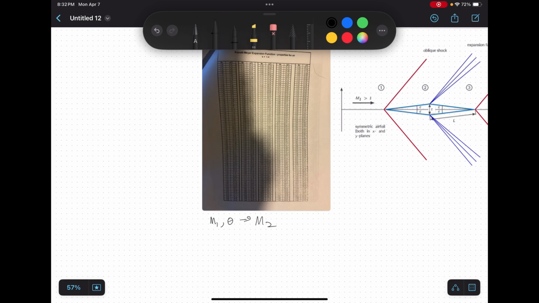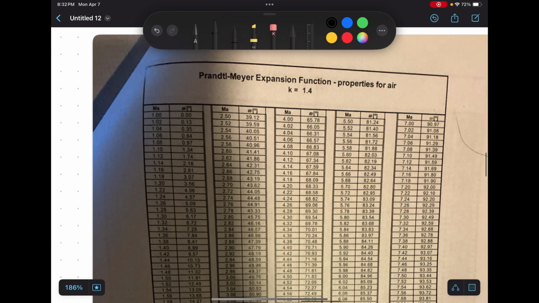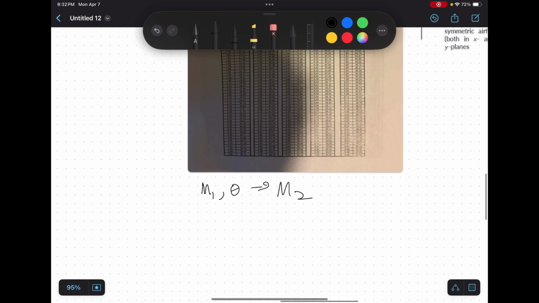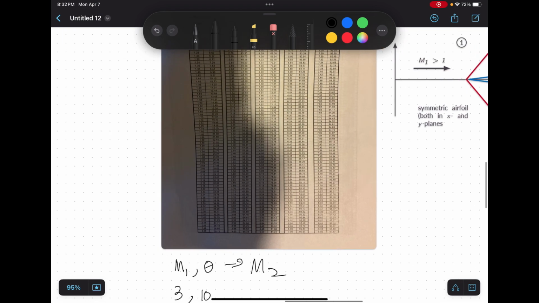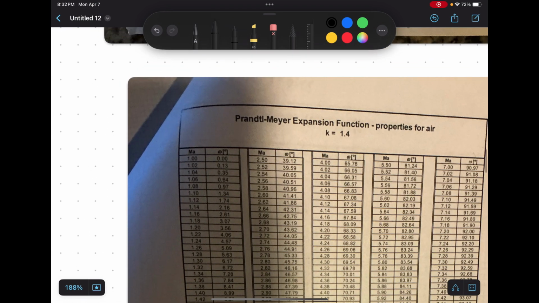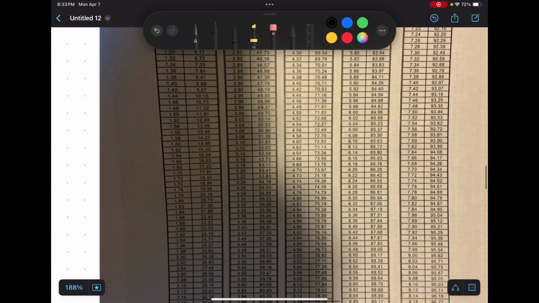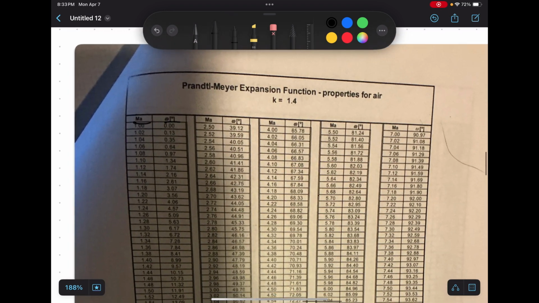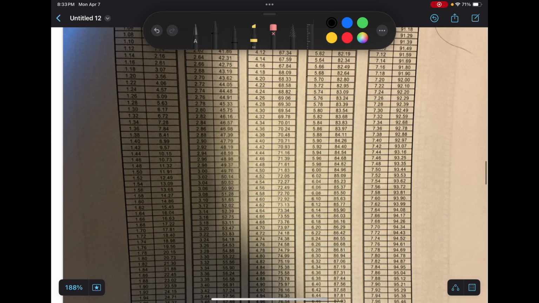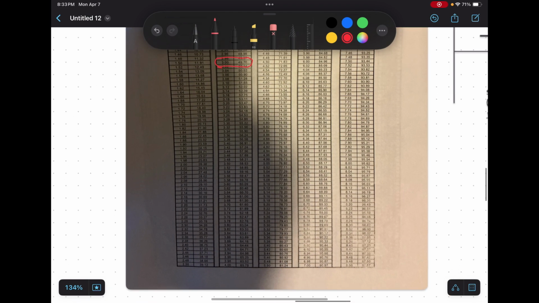So let's say our incoming Mach is 3 and our theta is 10 degrees. So this is Mach number and W. Where is 3? 2.5, 3, right here. I'm gonna make it red. Okay, so what do we do with that?